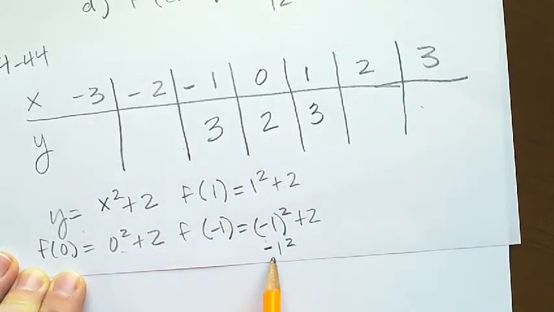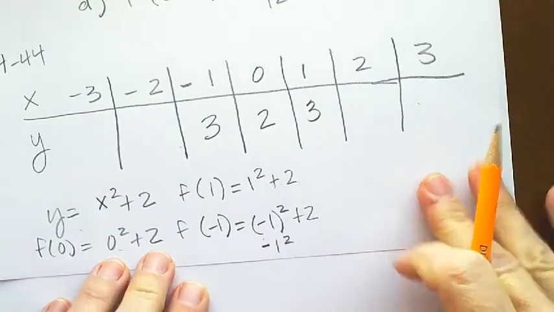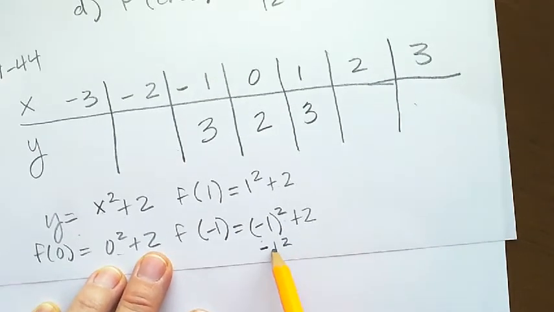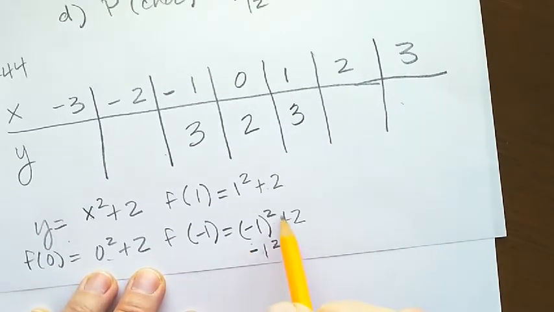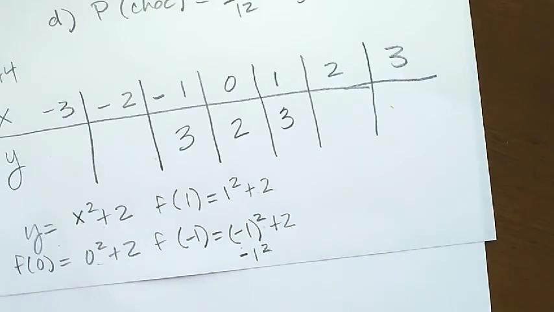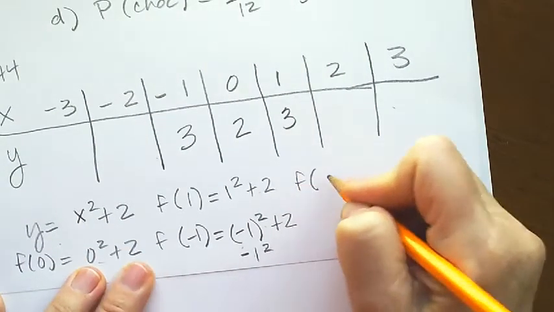If I had not put the parentheses, I would wind up with -1, because order of operations would tell me to do the exponents before multiplication, and this is an exponent of 2, so I would square 1 and take the opposite of it. It'll give me -1 plus 2. So be careful. That's the most common mistake people make when solving for the output in a quadratic. Okay, let's do 2 and -2.